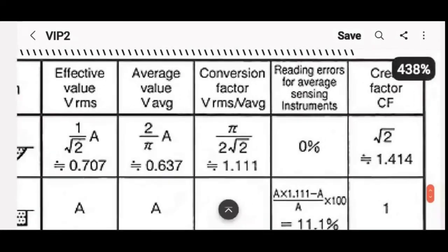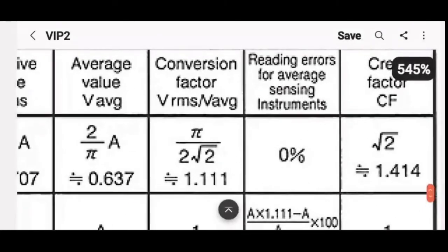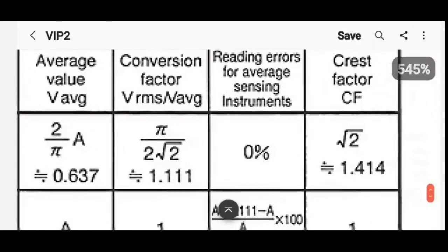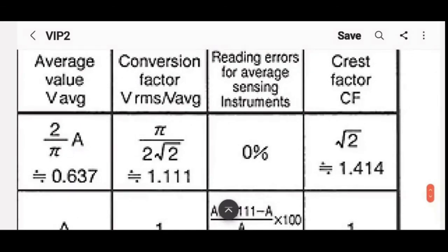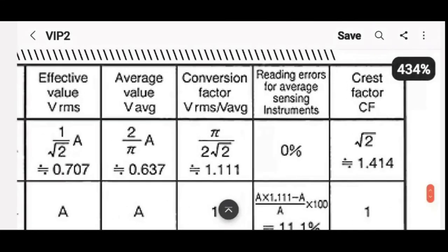And yeah, this is something that is from the practical point of view. If you are measuring these quantities in the lab, what are the reading errors?